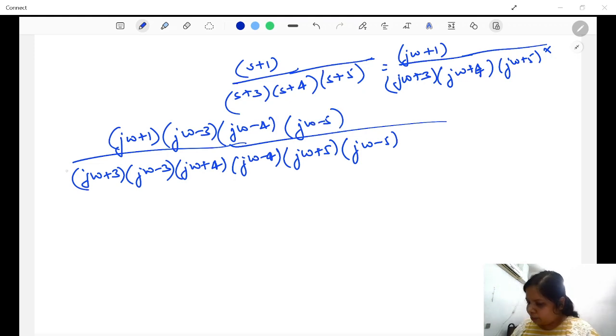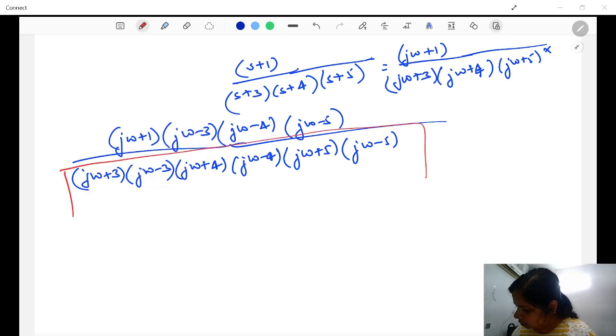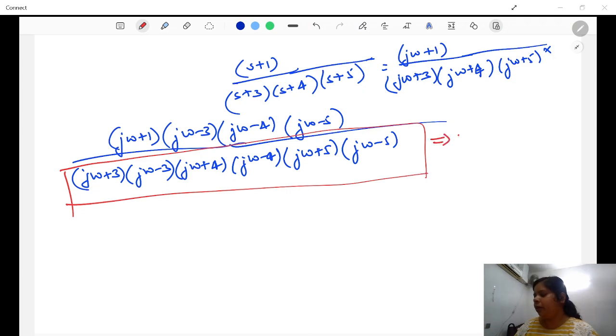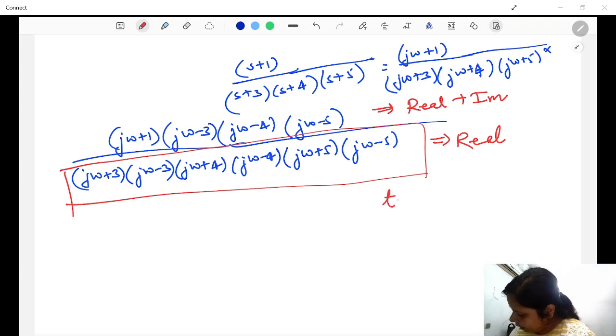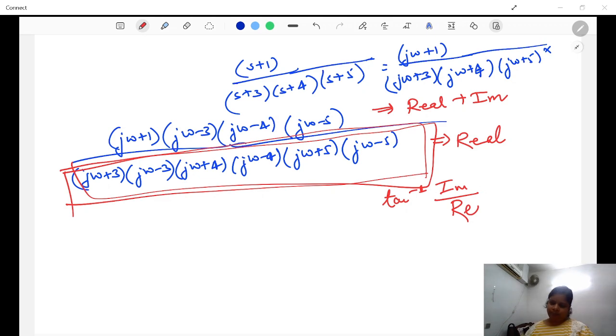Now, this complete part is real, right? Because you multiplied with the conjugate, so you're never going to have any j term. Whereas in the numerator, it would be real plus imaginary. Then find tan inverse of imaginary upon real. This term would be common in both of them and will get cancelled out, and you will have this.